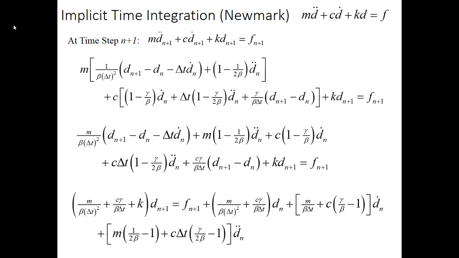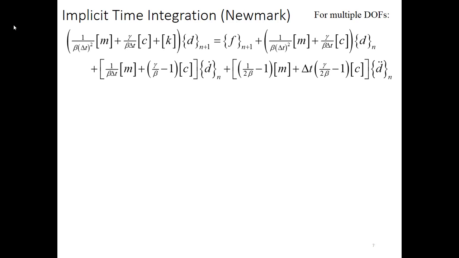On the right-hand side, I've got the current time step displacement, the current time step speed, and the current time step acceleration, in addition to the force for the next time step. That's the one piece that is considered known for my next time step. I know this is a lot of equations, but we are nearly there.